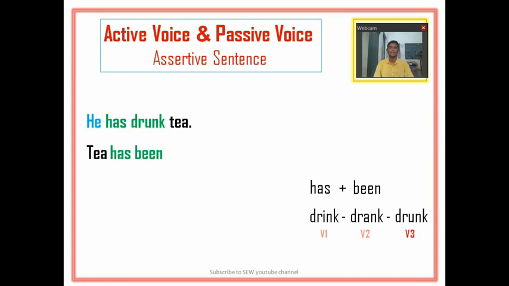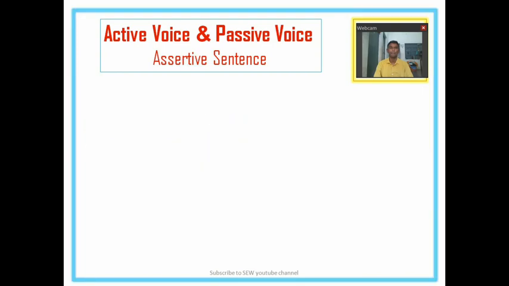So what should be written? V3 form should be written. So what is the V3 form? Drunk. After that preposition by should be used. The subject is he, and the object pronoun of he is him. So tea has been drunk by him.